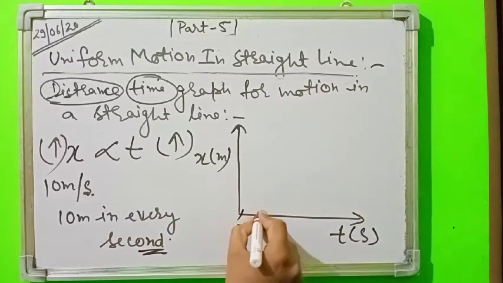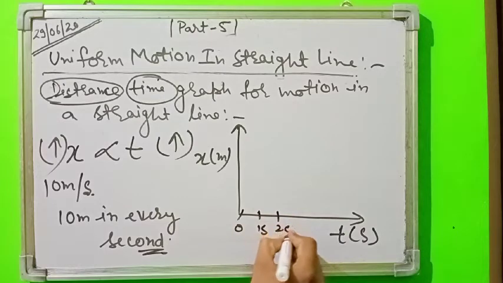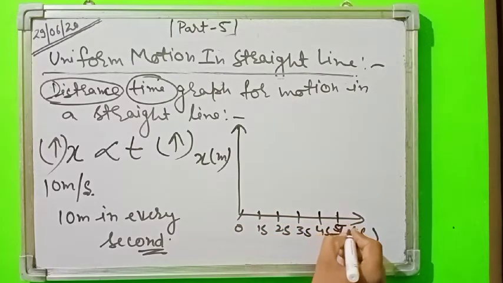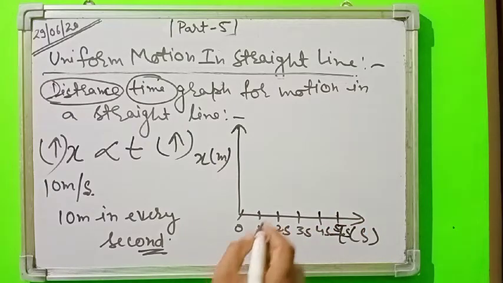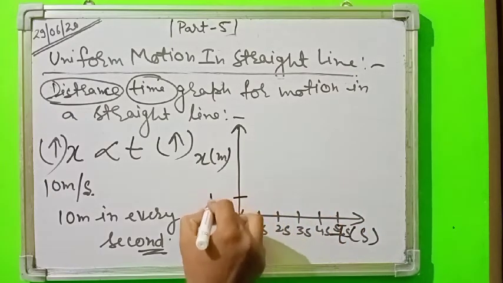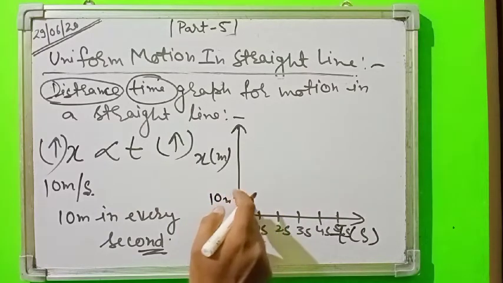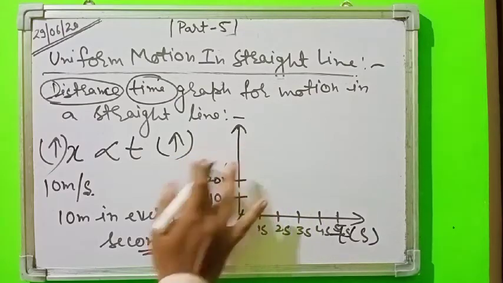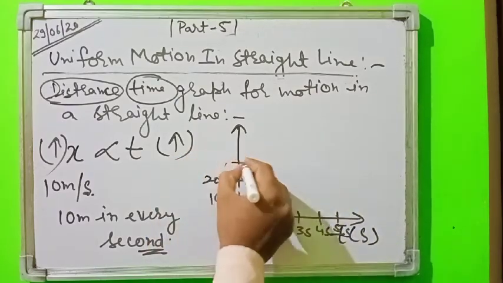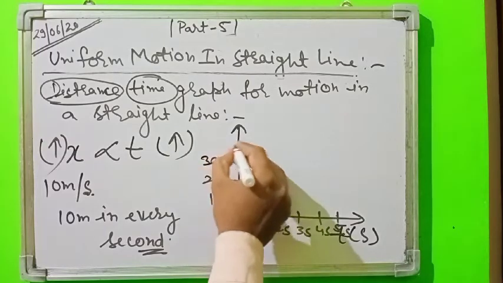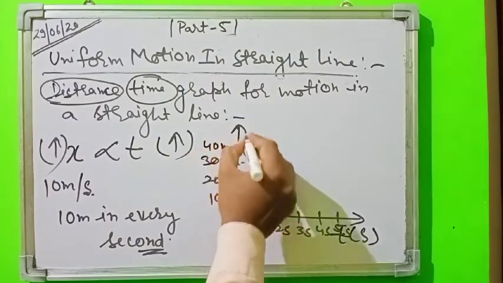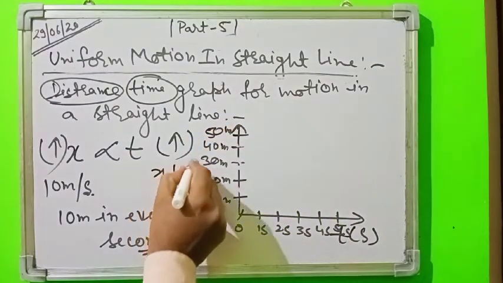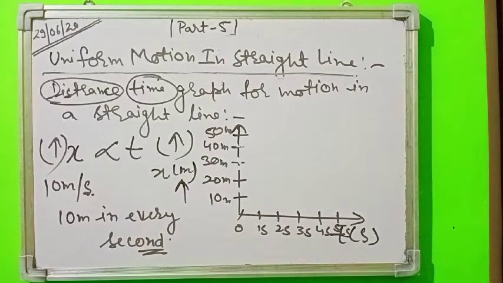So this is origin, 1 second, 2 second, 3 second, 4 second, 5 second, and here 10 meter in first second, 20 meter, 30 meter, 40 meter, and then 50 meter. This is distance in meter. Now look here.